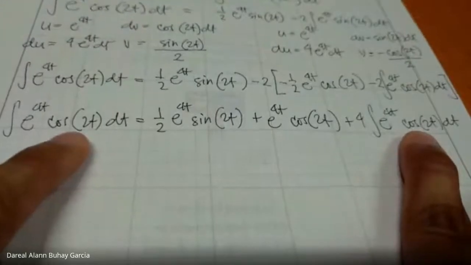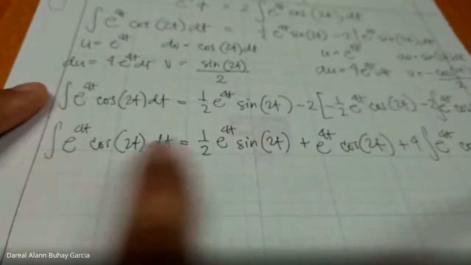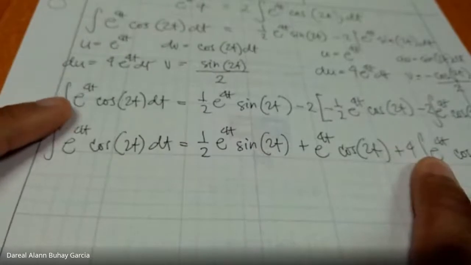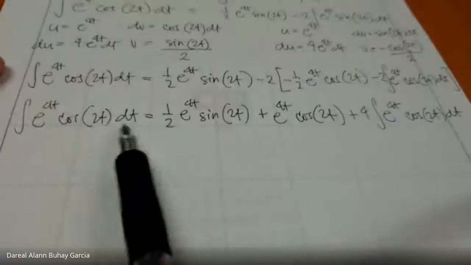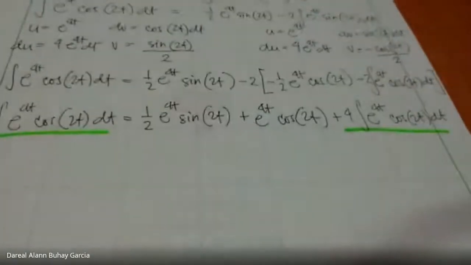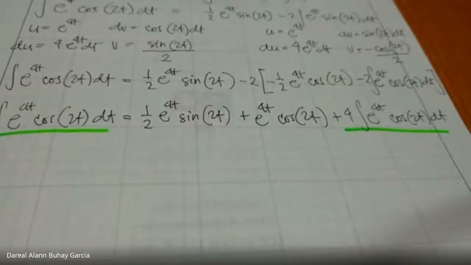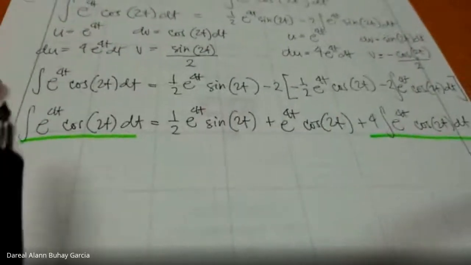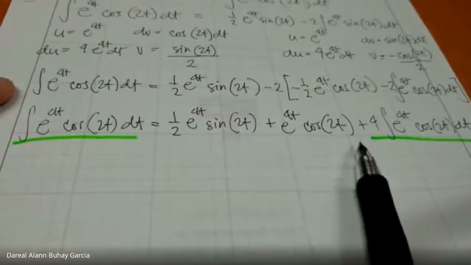So, parehas na siya. If we transpose to the other side, this becomes 1 its coefficient. 1 minus 4 is negative 3. So, combining this one and this one, and transposing to the other side, 1 minus 4, so negative 3.